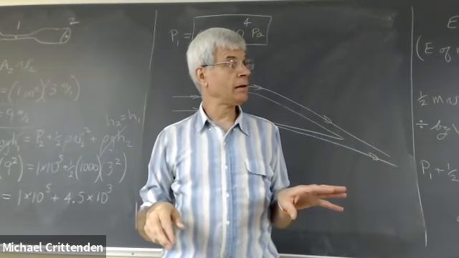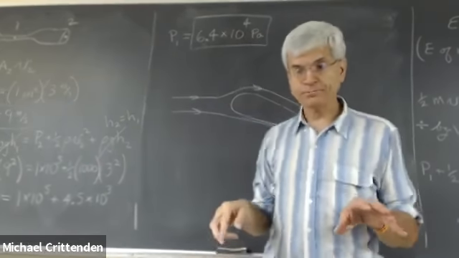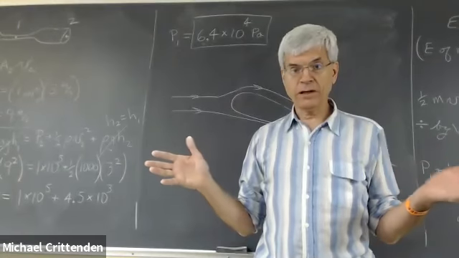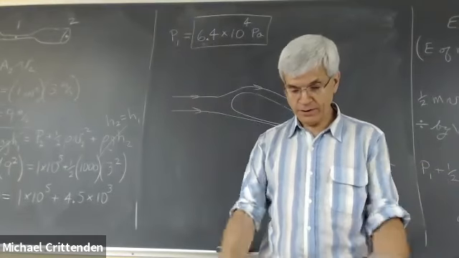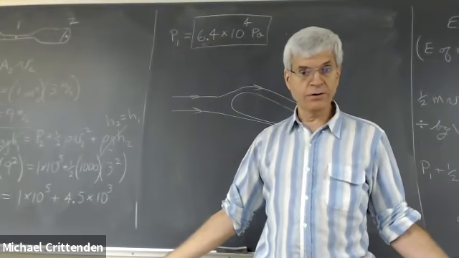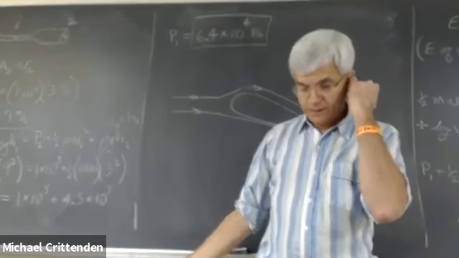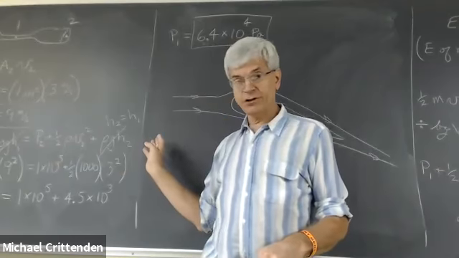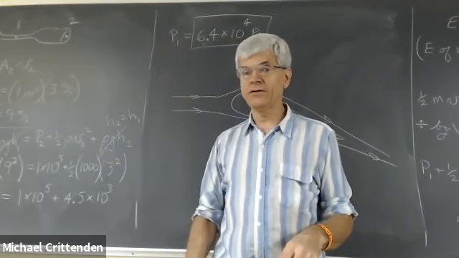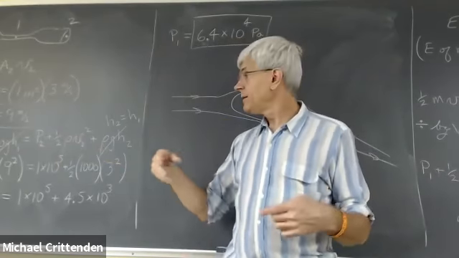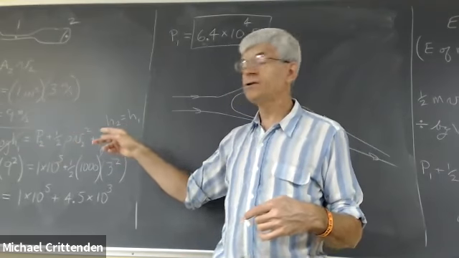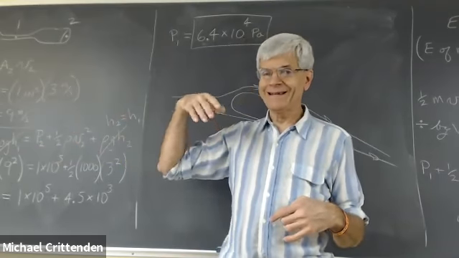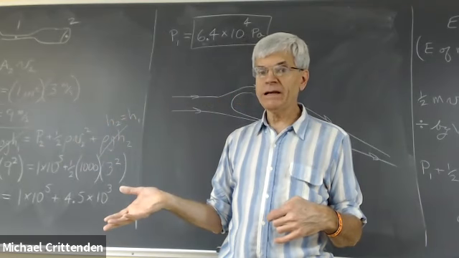We'll look at that in a little more detail in a moment. It's like if you're scuba diving, the farther down you go in the ocean, the greater the pressure on you. So there's that factor from the rho g h term: the pressure increases with depth. And then from the one-half rho v squared term, pressure decreases with speed.